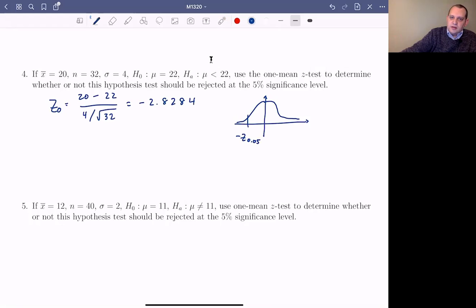You can look at the table of the normal distribution, the z-values. On the t-distribution table, there was that little chart that had the z-values there. You can use R, so any technology. Whatever you compute, it turns out that the critical value is negative 1.645. So that's the cutoff, so that the area to the left of that will be 0.05.